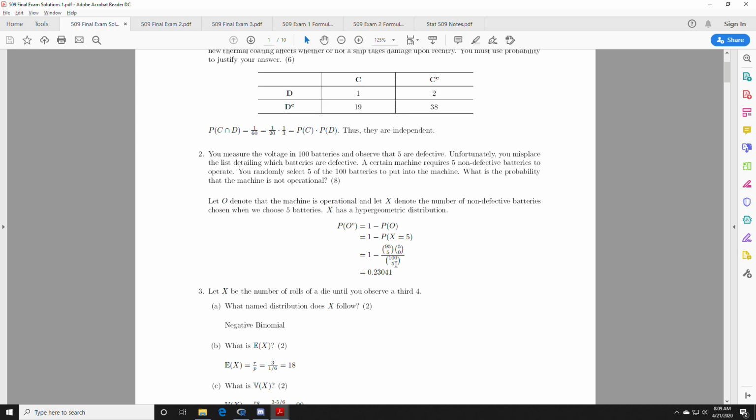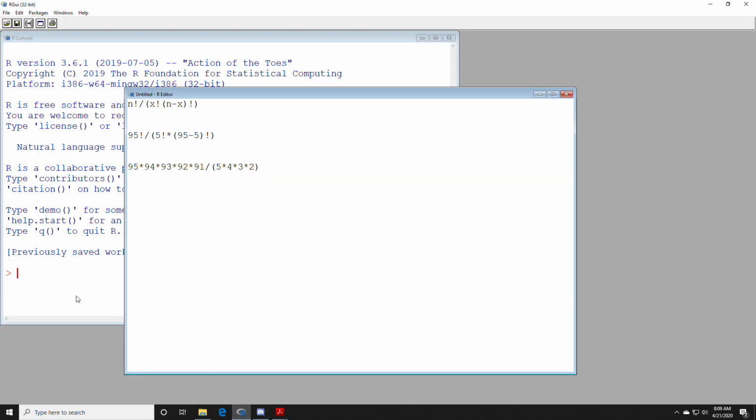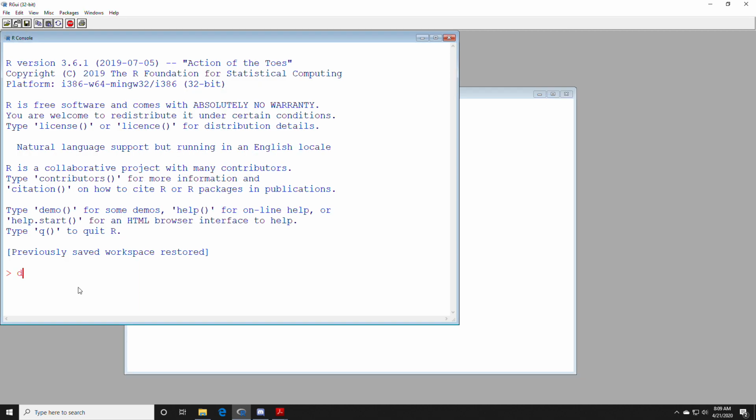And likewise for the second and third. Now, technically, you could use another thing. We already said this is a hypergeometric distribution, so you could use dhyper. D calculates individual probabilities.